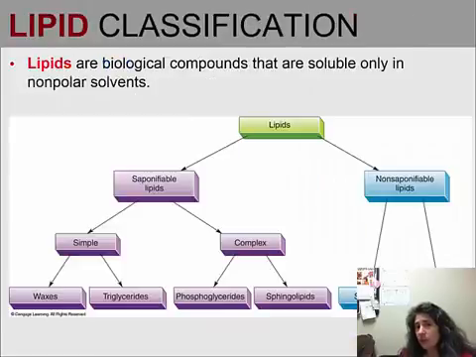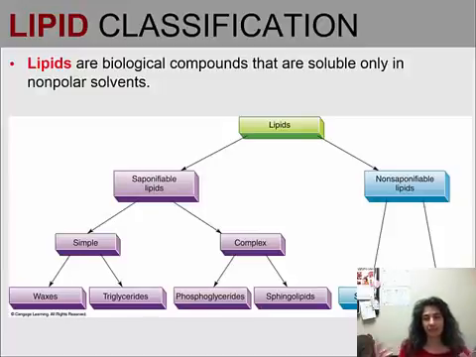So this is a different way of looking at classifying our lipids. We can look at the broad category of our lipids, and then we can separate them out in the tree into ones that are saponifiable and ones that are non-saponifiable. And so we've talked already that our saponifiable lipids are basically a hydrolysis reaction, and we're using NaOH or KOH, we're using a base. So that chemical reaction can actually split out how we're categorizing.